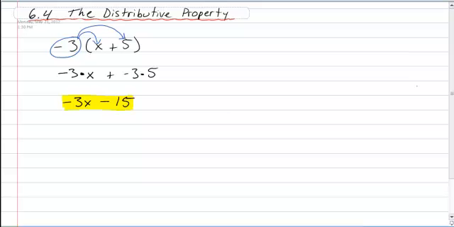Let's do another example here. If we have 6 times x minus 3, alright, we're just simply going to use the distributive property. We're going to say 6 times x and it minus 6 times 3, alright?